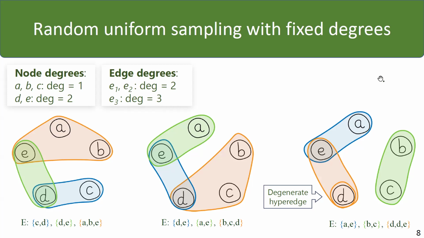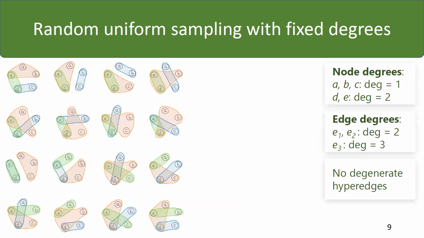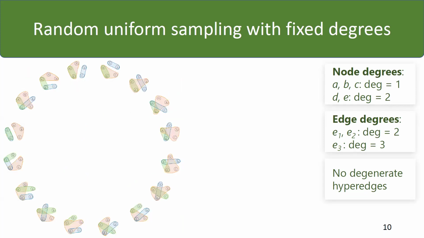Okay, so how many of these hypergraphs do we have with those degrees? It's 16. These are the 16. All right. I'm going to put them in a circle.